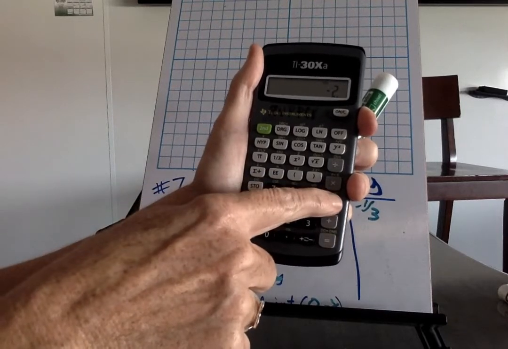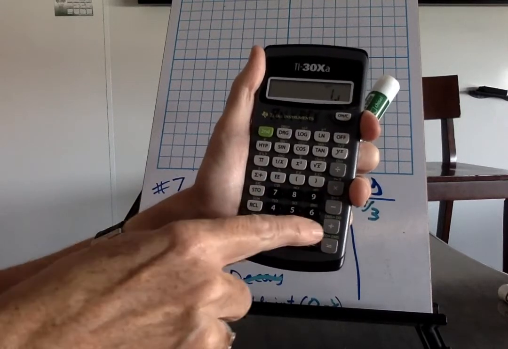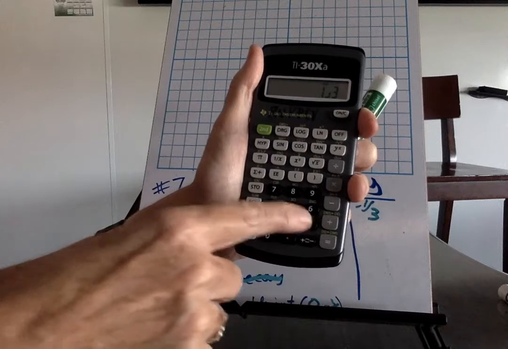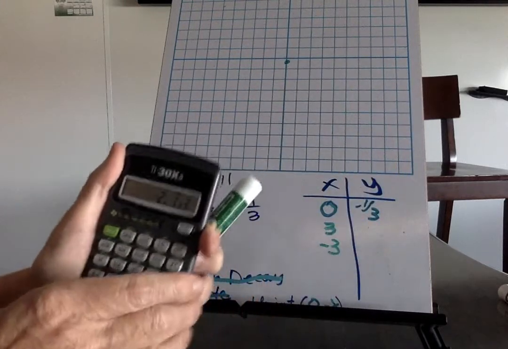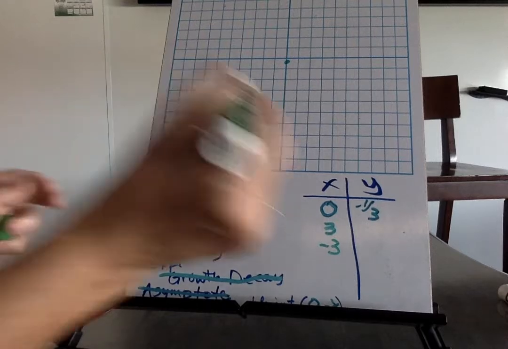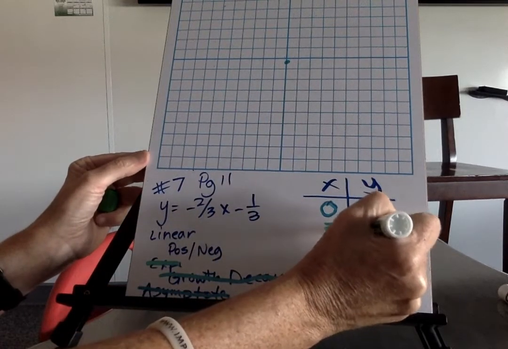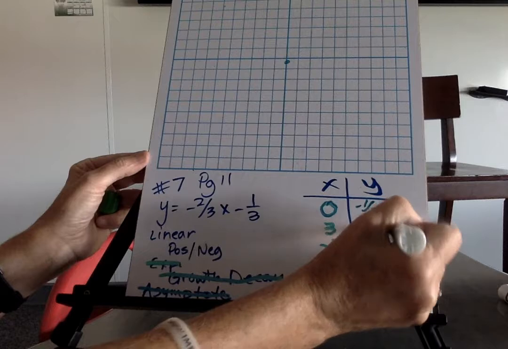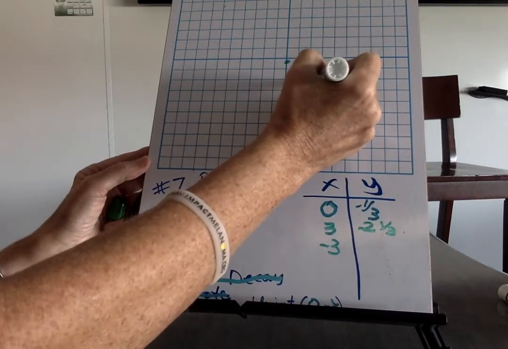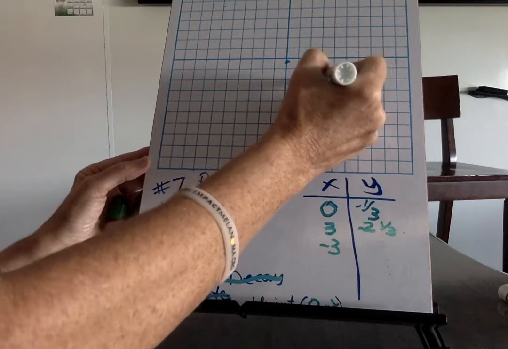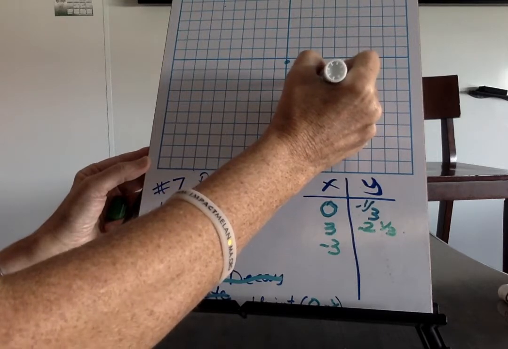And then we're going to go minus 1/3. So I did 1 ABC 3 equals. And it's negative 2 and 1/3. So when I put 3 in there, the answer is negative 2 and 1/3. So 3, and negative 2 and 1/3 right here.